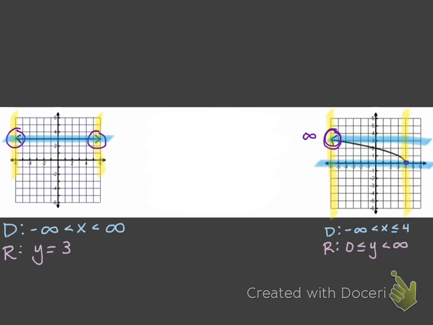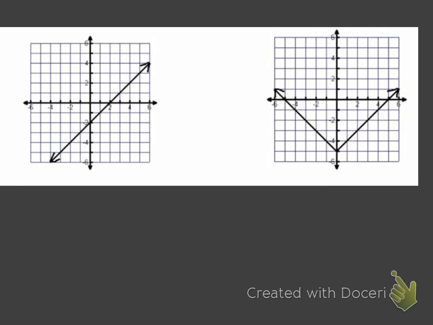All right, let's look at 2 more examples. Okay, so for this first example here, if we're looking at those x values, we hit 2 arrows, which means we are starting at negative infinity, since it will go on in the negative x direction forever, and we're going to go all the way to positive infinity.